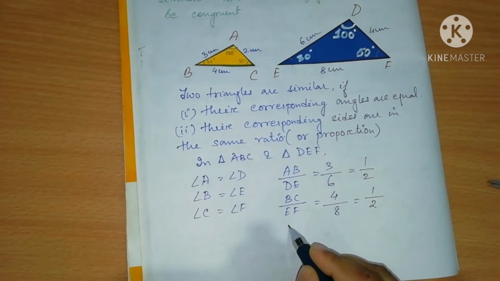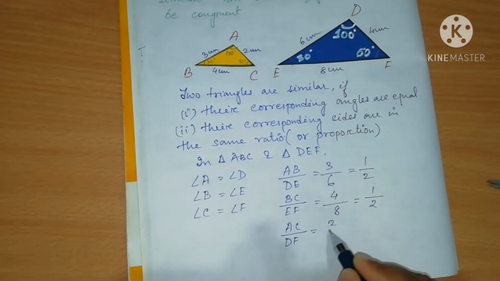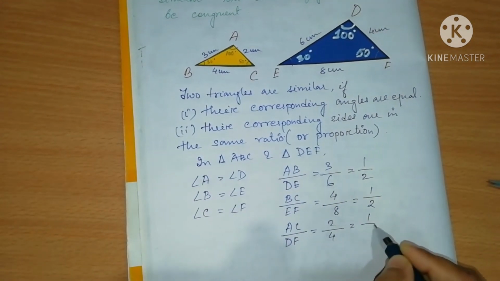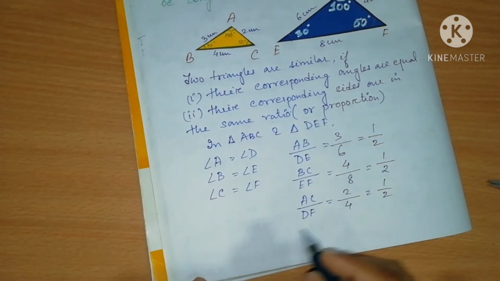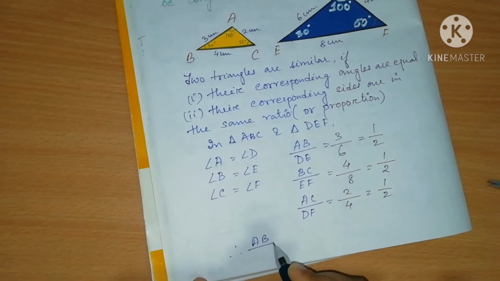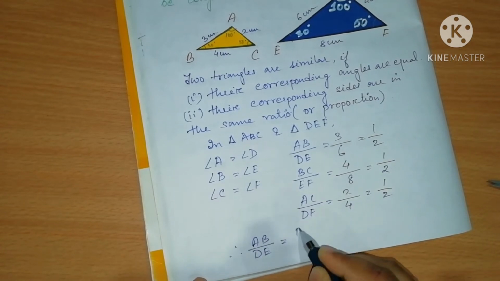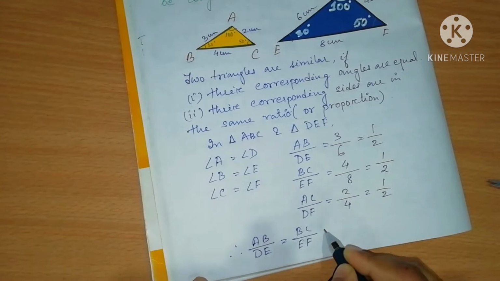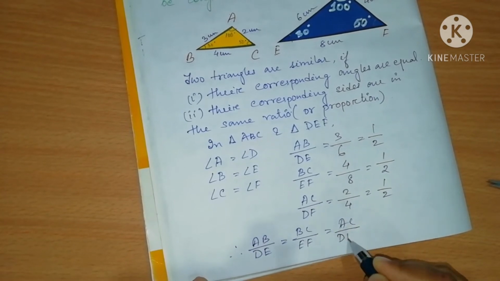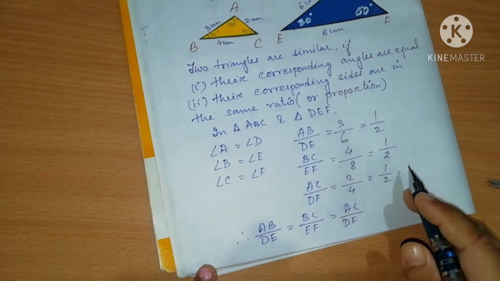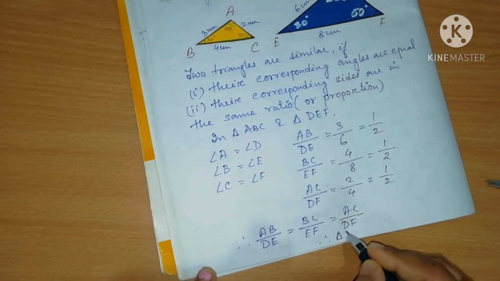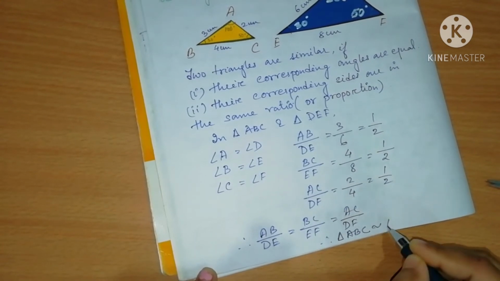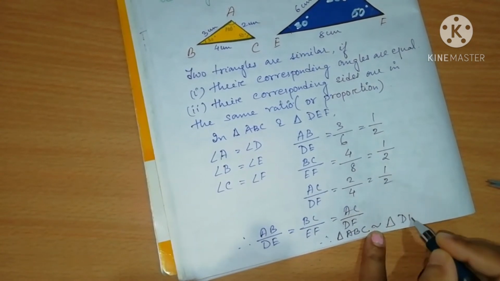Then AC by DF: AC is 2 centimeters, DF is 4 centimeters, so 1 by 2. Corresponding sides should be in the same proportion. So AB by DE equals BC by EF equals AC by DF. So they are in the same proportion, and we can say that these two triangles are similar. Therefore, triangle ABC is similar to triangle DEF.